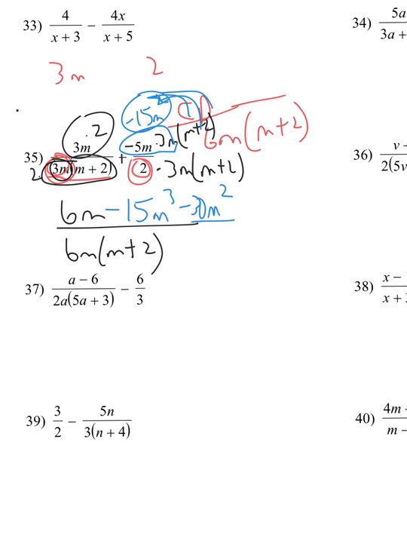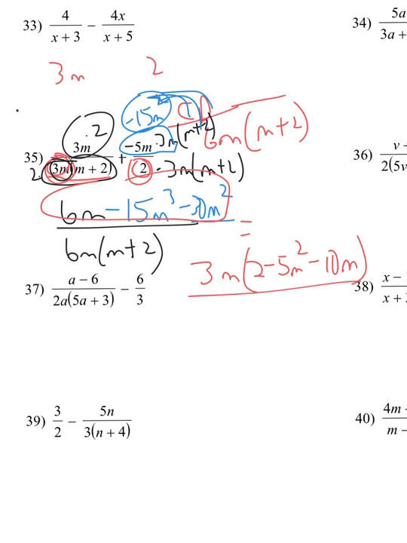And you can take out 3m from all this on top. I can take out 3m, and I'm left with 2 minus 5m squared and minus 10m, all over 6m, m plus 2.